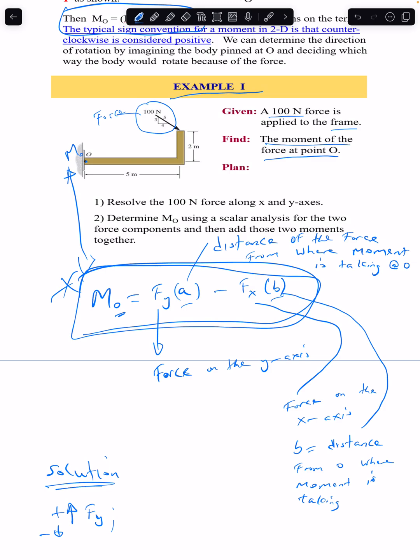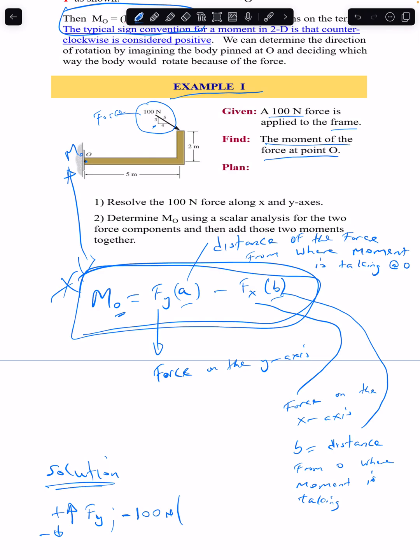So the force on the y-axis now will become what? Because the force is coming downward, and we say the upward force is positive, it will have a negative sense. I have 100 Newton because I'm resolving the force on the y-axis.